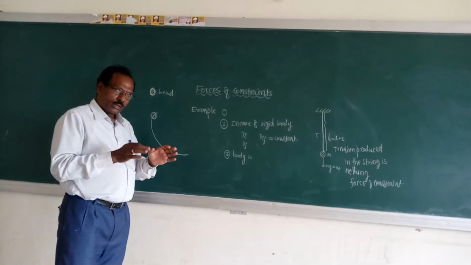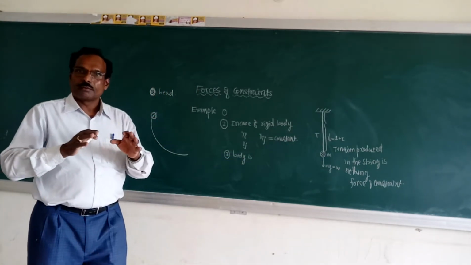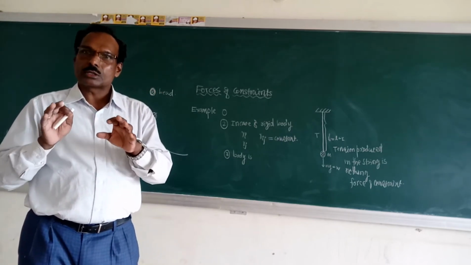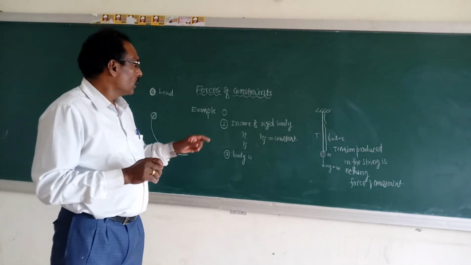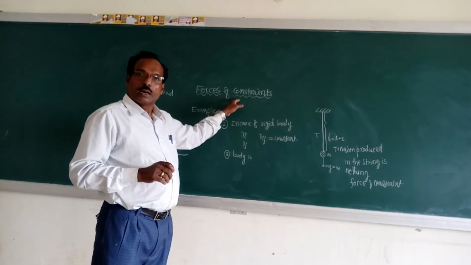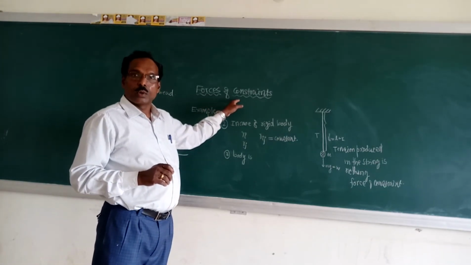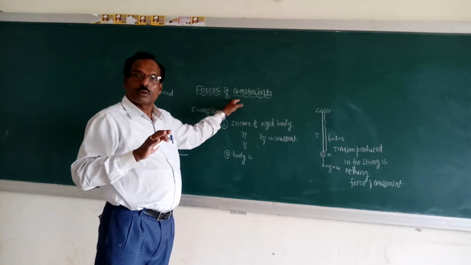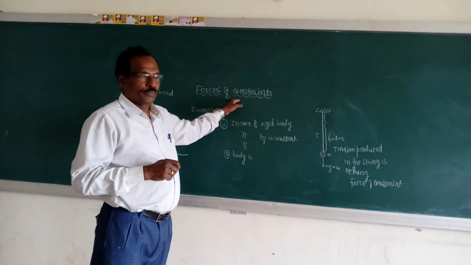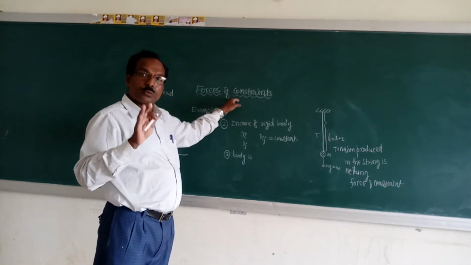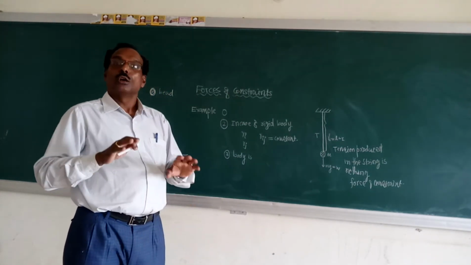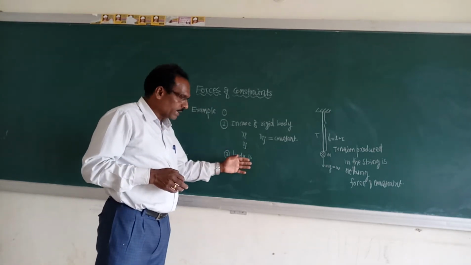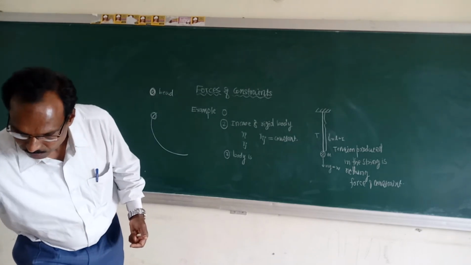So whenever you take an example, there is bound to be a force known as force of constraint. Constraints are related in one way or another to forces, and those forces which restrict the motion of a body are known as forces of constraint.